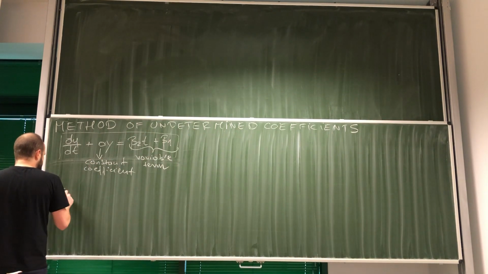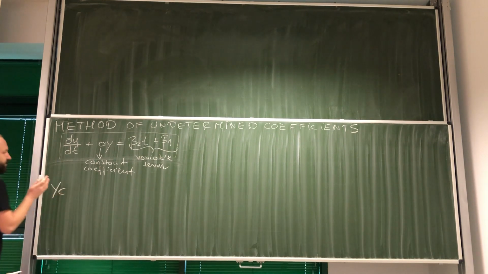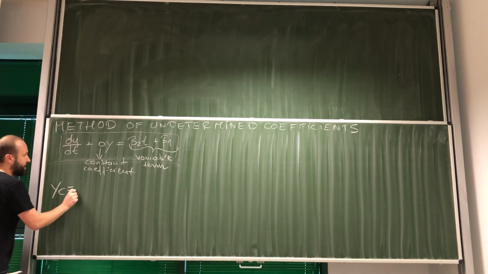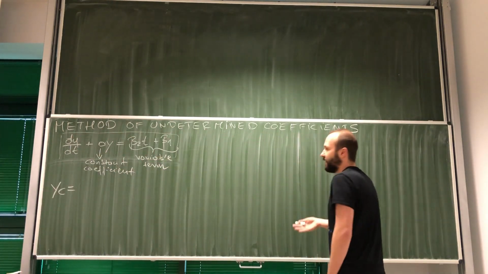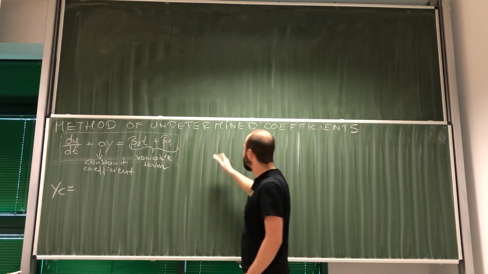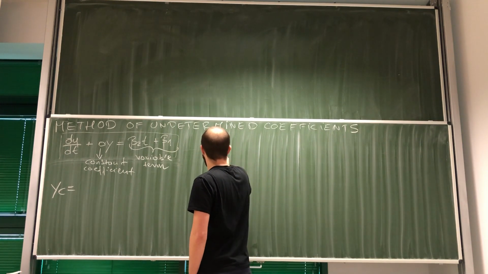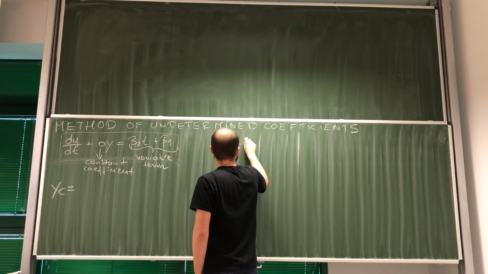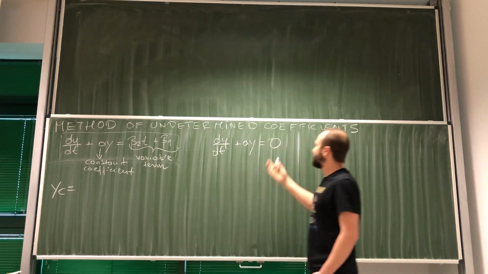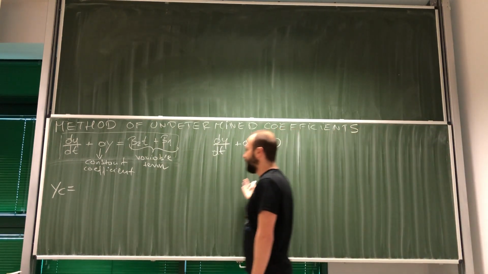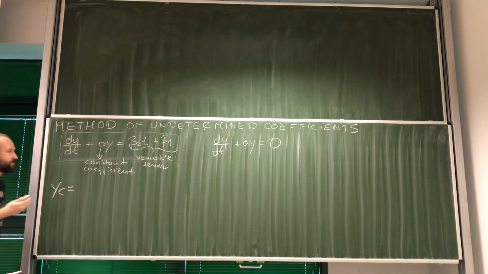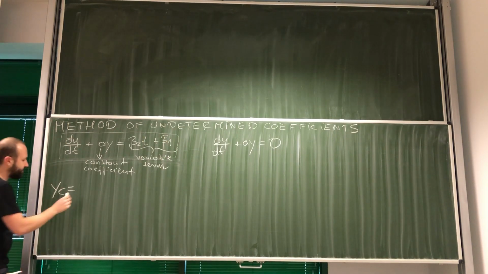a complementary function? Complementary function is nothing more than a solution to a homogeneous version of an equation, right? So in this case, all I need to do is to find a solution to this. But the solution to this is straightforward, because it actually comes from the formula that we already derived.